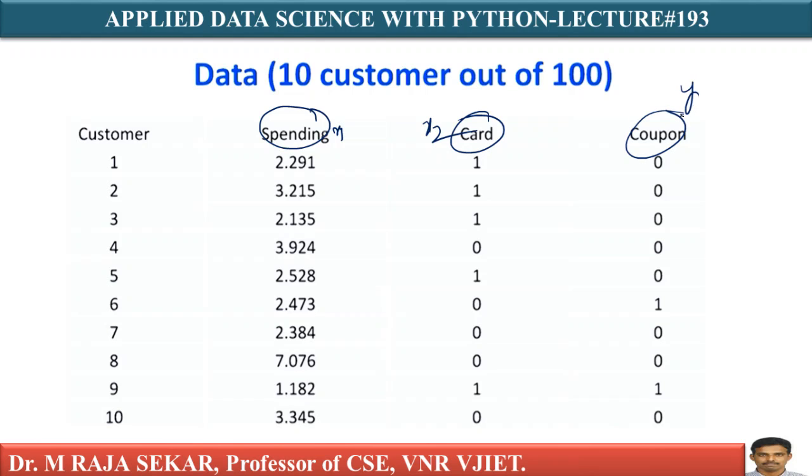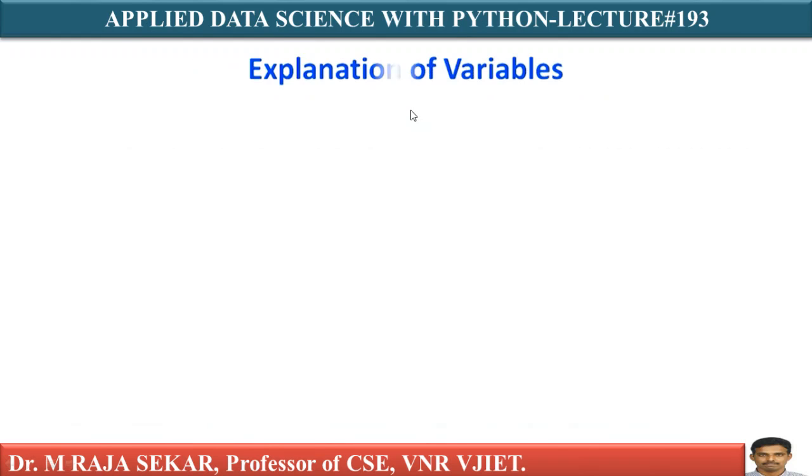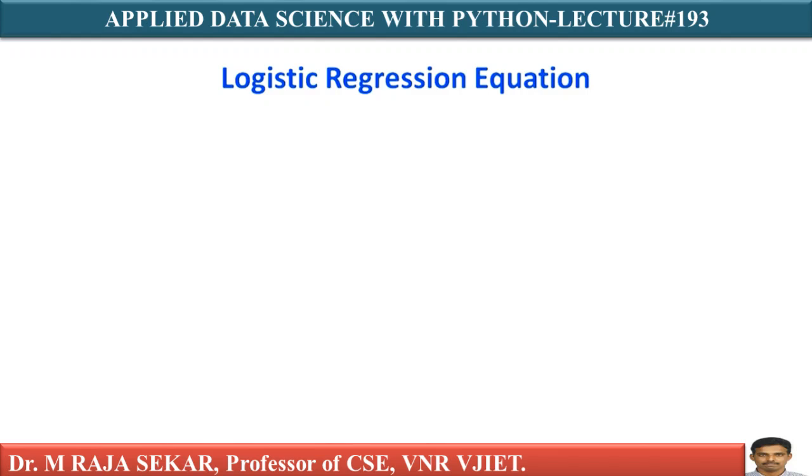Y is the dependent variable. X1 and x2 are independent variables. Spending is an independent variable, card is an independent variable, coupon is the dependent variable. It means the coupon depends on spending and having the card or not having the card, isn't it? It's straightforward. This is a simple explanation of the variables.